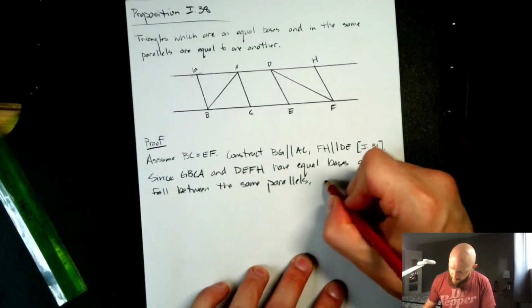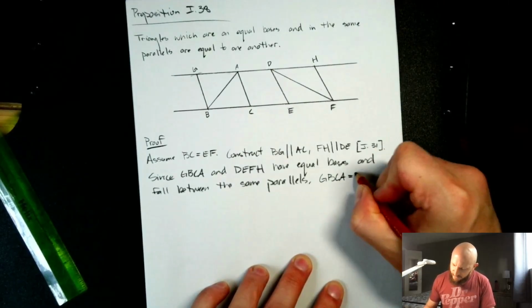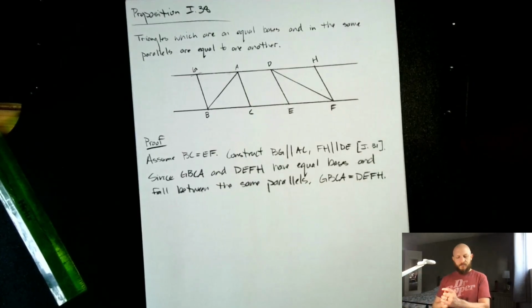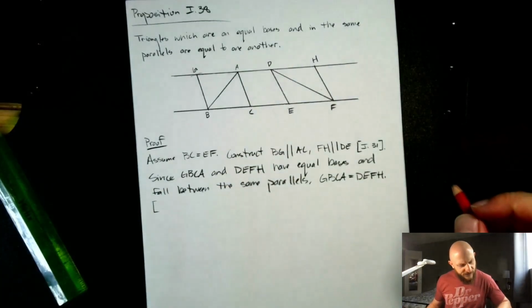Well, we get that they're equal in area. GBCA equals DEFH. And that was, let me cite that, from Prop 36.